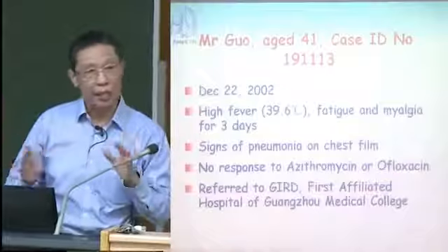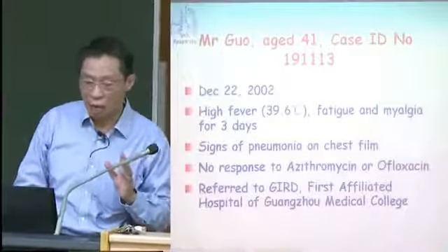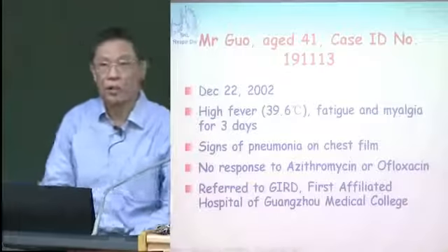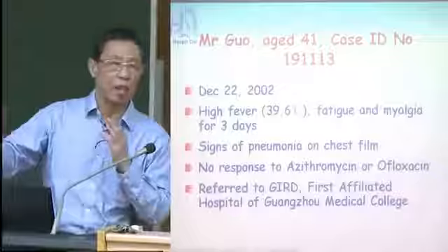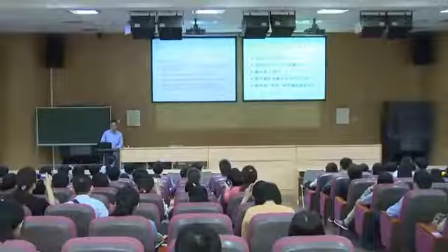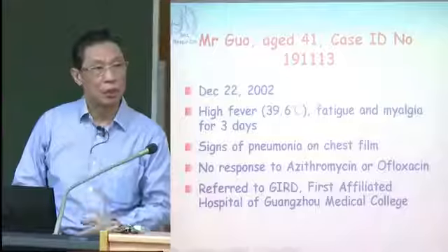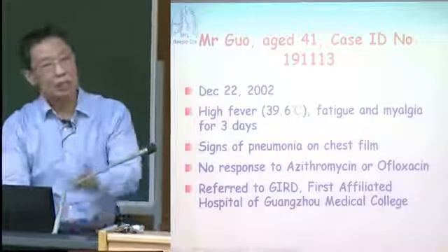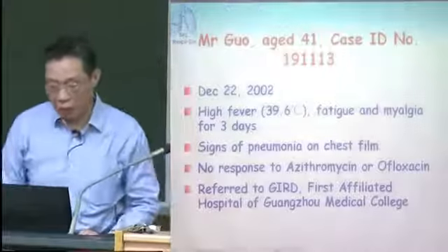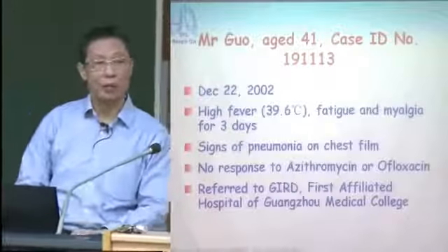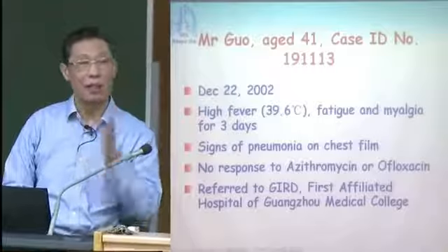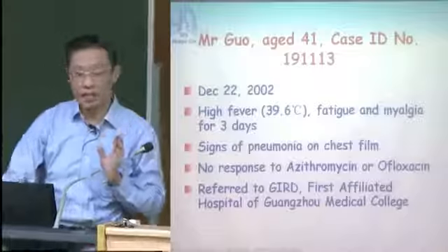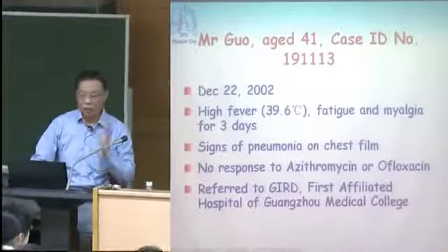In Heyuan county they gave him antibiotics, but there was no response and the symptoms deteriorated. So the patient was referred to the Guangzhou Institute of Respiratory Diseases, the first affiliated hospital of Guangdong Medical College, which next month we will call Guangzhou Medical University, right? That was 22nd December 2002, 10 years ago.